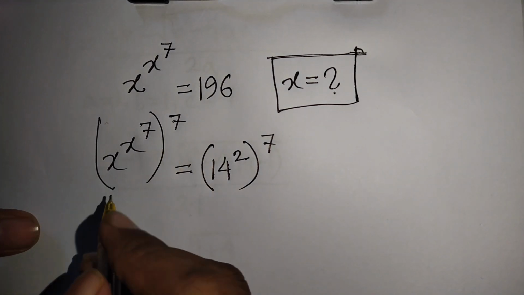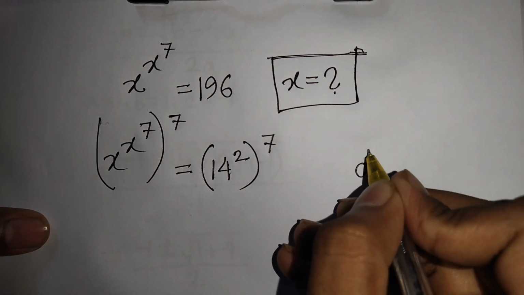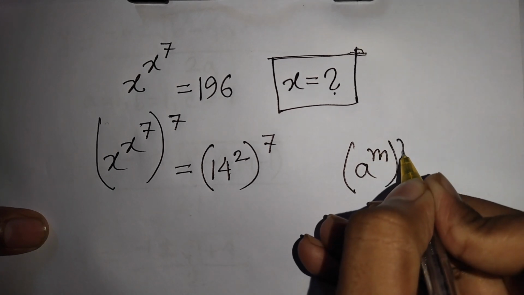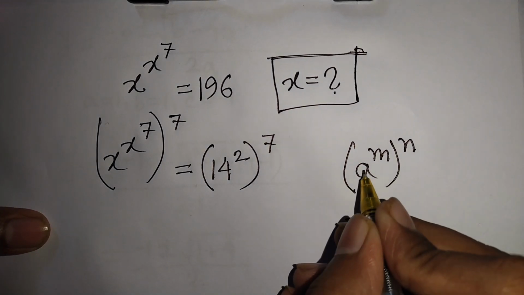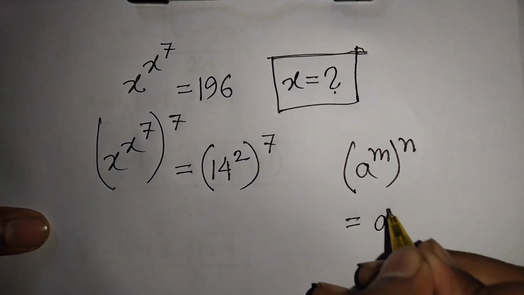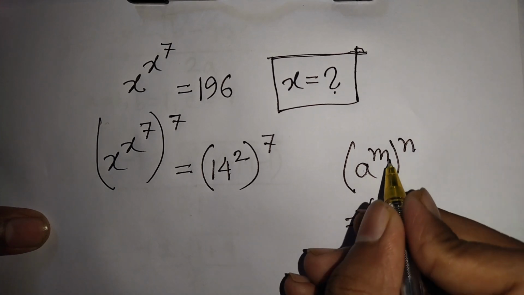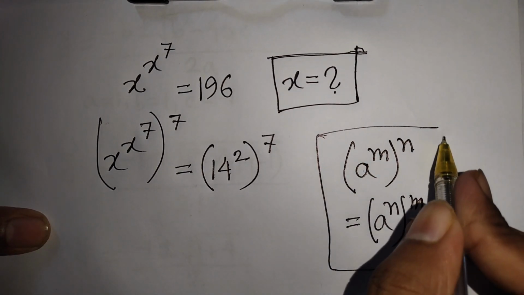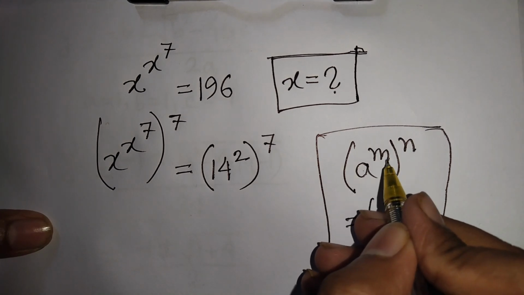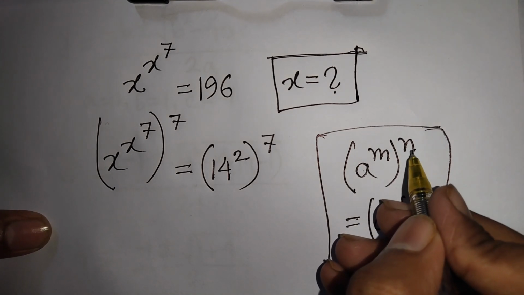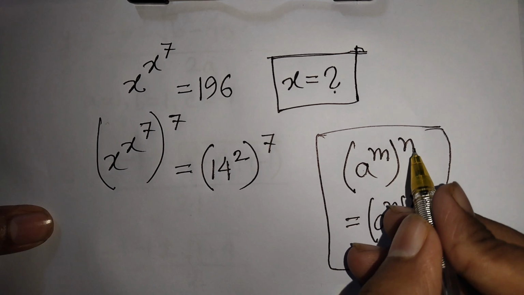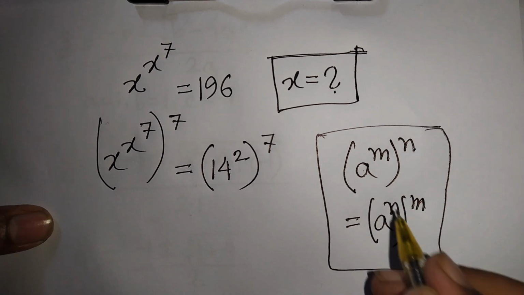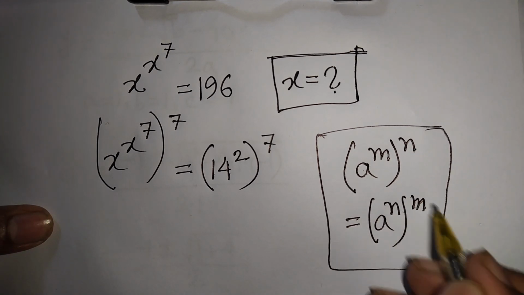Now here you can apply this exponential rule that (a^m)^n is equal to (a^n)^m. Here m is inside the bracket but n is outside the bracket, but here n is inside the bracket and m is outside the bracket.